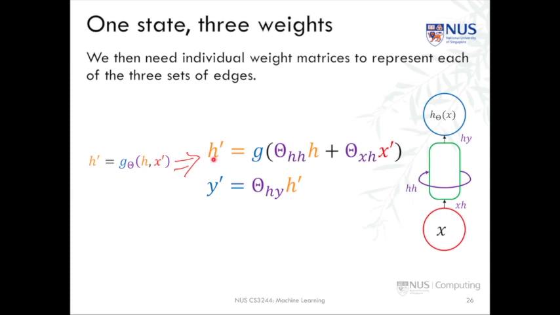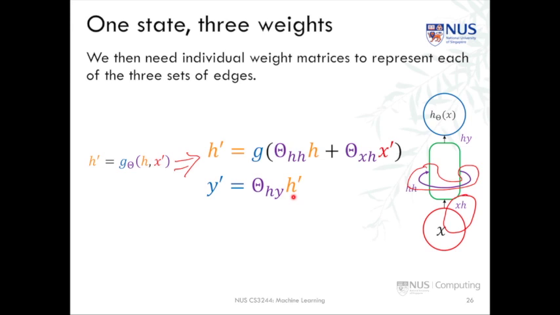I'm going to say that the current state is basically a function of the previous state multiplied by the edge weight specific to that, as well as the current inputs x prime times the weights associated with this. Adding these two inputs together to create a single representation, our signal, and passing that through a nonlinearity, and then deriving the hidden state for this time step.